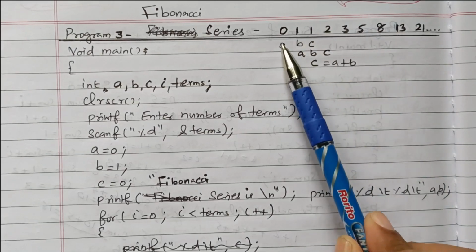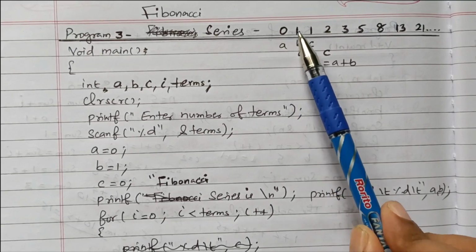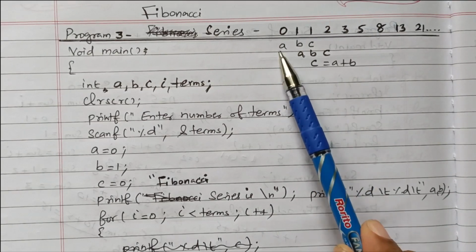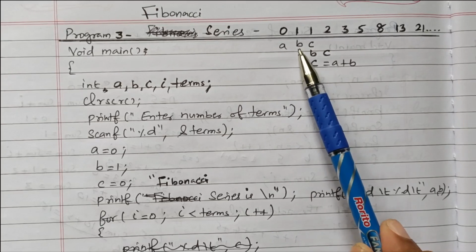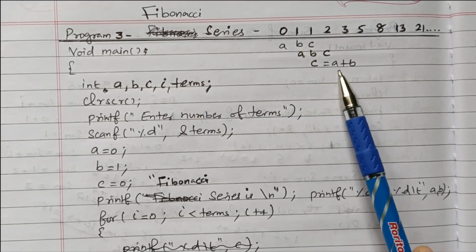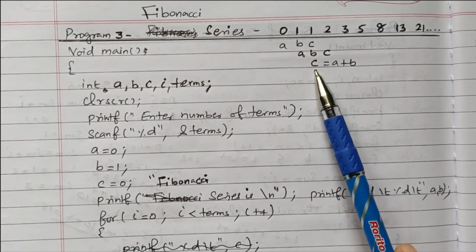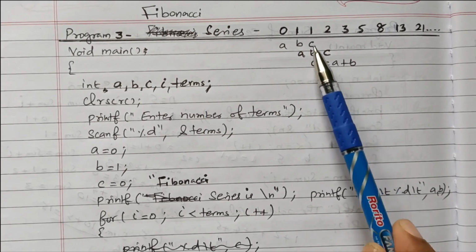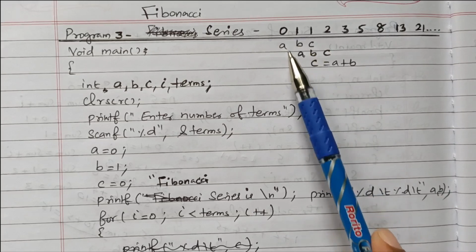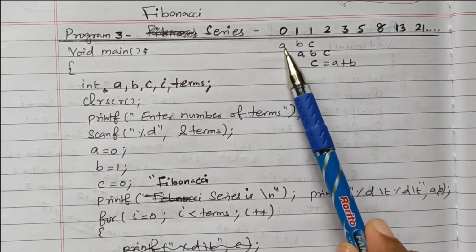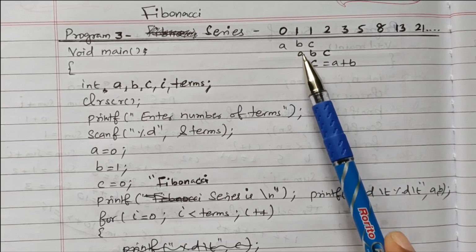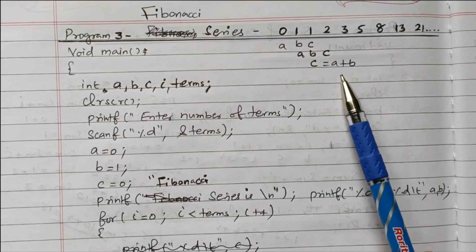So let us consider A equal to 0, B equal to 1. What is C? C is nothing but A plus B. That is the logic of the Fibonacci series: C is the sum of the previous two numbers.